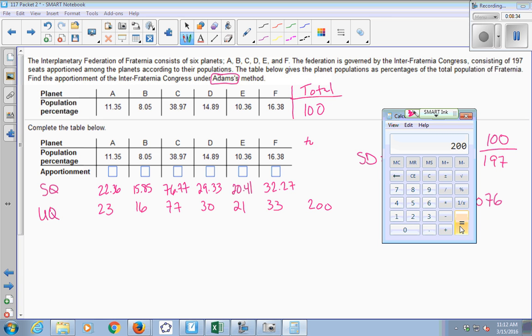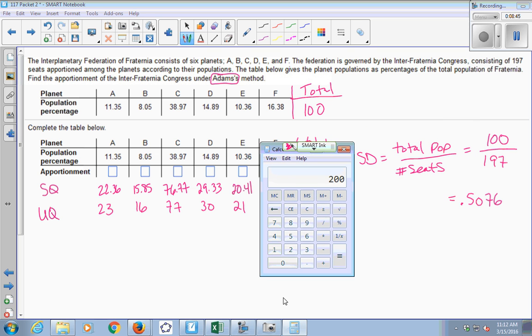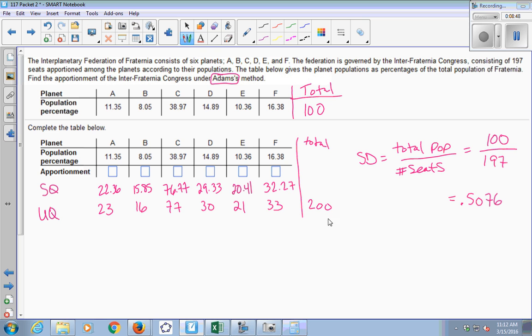Add a total here. All right, so I gave out too many, right? I only have 197 seats to give out. So when you give out too many seats, this number is too big. How do I change the divisor?